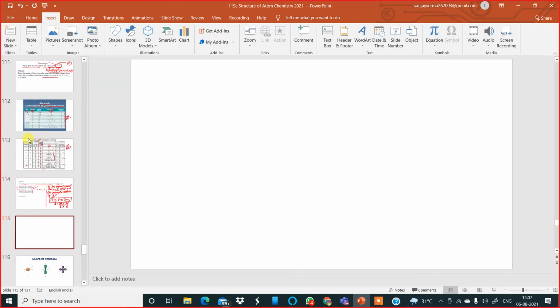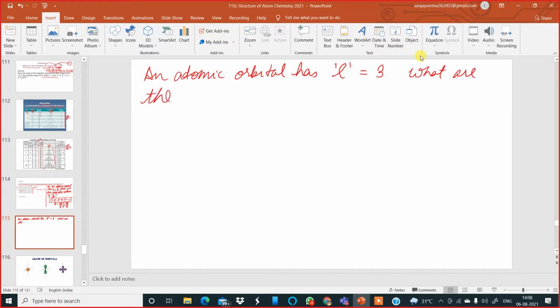The other question is like this. An atomic orbital has the value of l equal to 3. So what are the possible values of m, meaning magnetic quantum number?